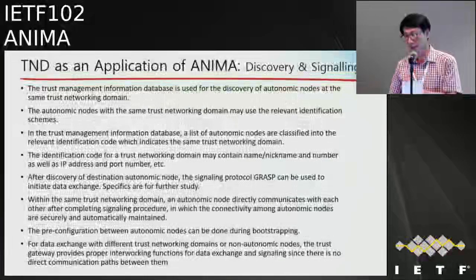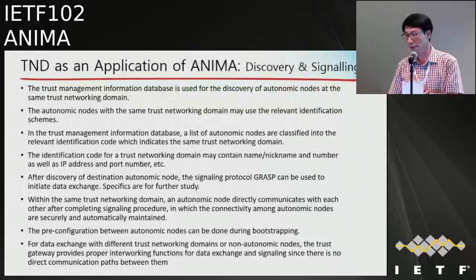The next step is to discover and signal between the nodes within the trust networking domain. The trust management information database is used for discovery of autonomic nodes.